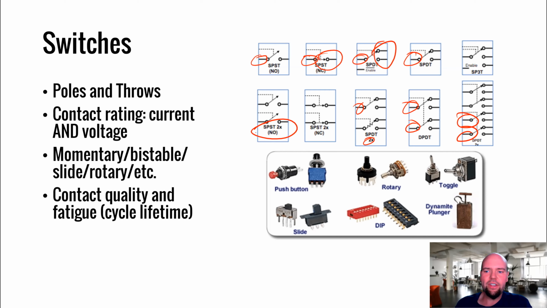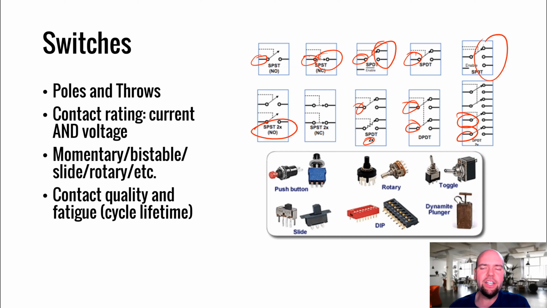It's just two switches in a package. So single pole, single throw, single pole, double throw, double pole, double throw. These are important things to keep in mind. These are used a lot. Oh yeah, we had a triple throw here. So single pole, triple throw.